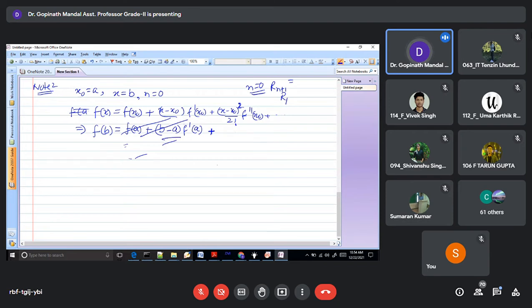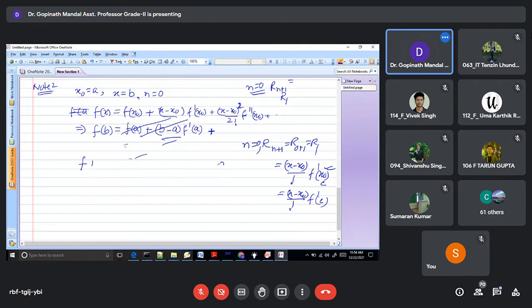When n equal to 0, the remainder term R n plus 1, that is R 0 plus 1, that is R1. R1 is x minus x0 by factorial 1 f dash x0. But there is no x0, it will be c. So x minus x0 by factorial 1 f dash c.